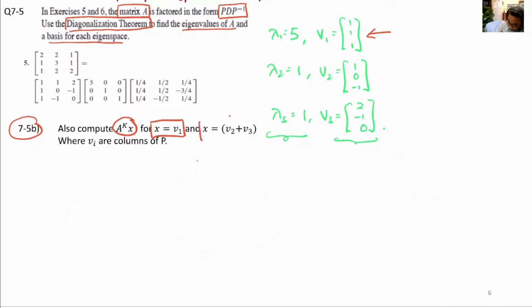Now we deal with x equal to V2 plus V3. So we have A^k applied to V2 plus V3. Since the system is linear, we can deal with it this way.